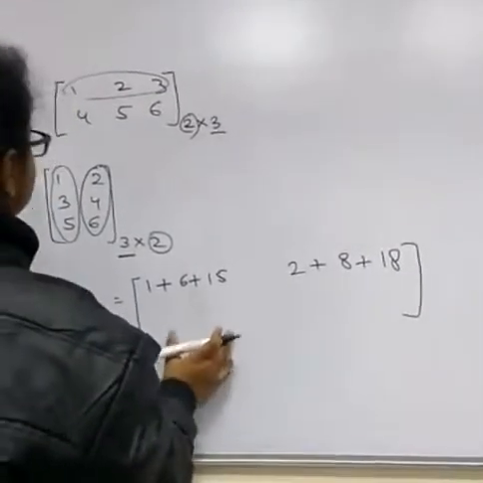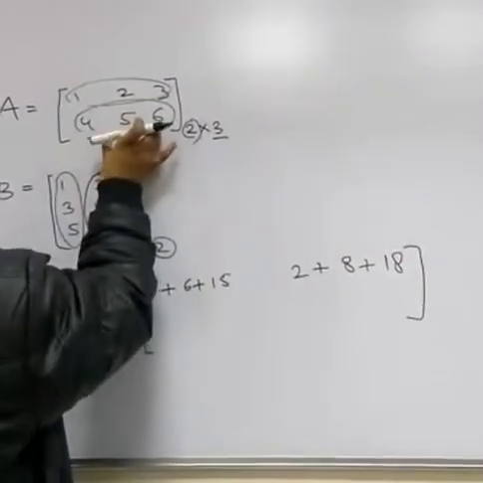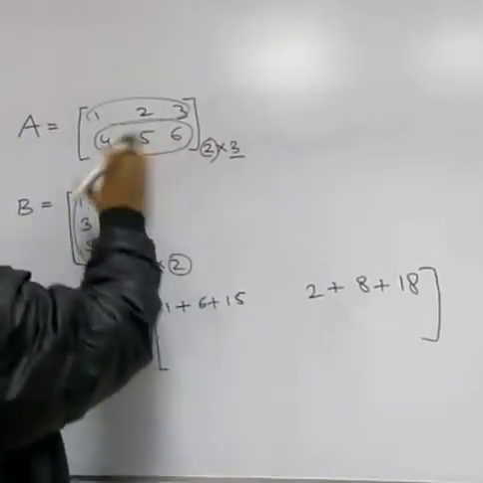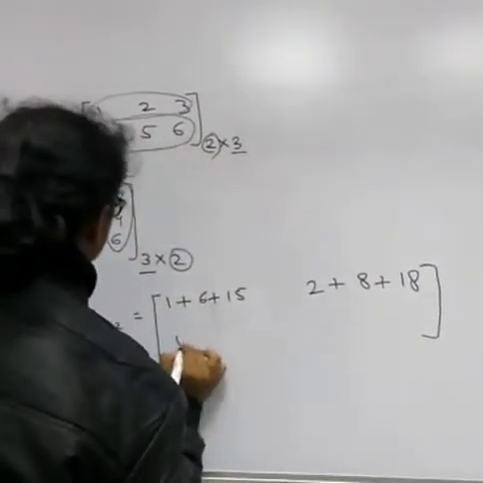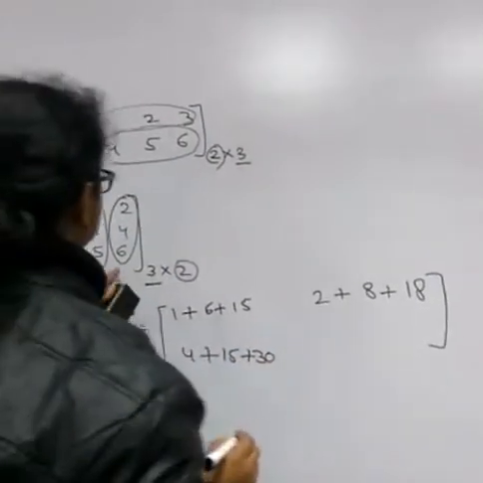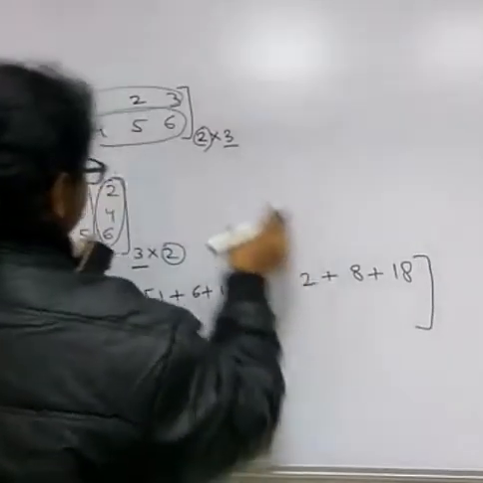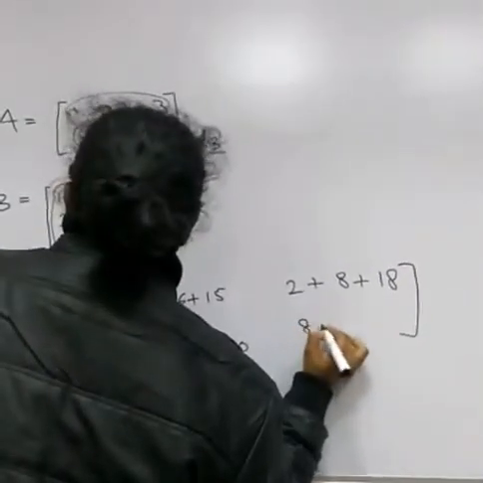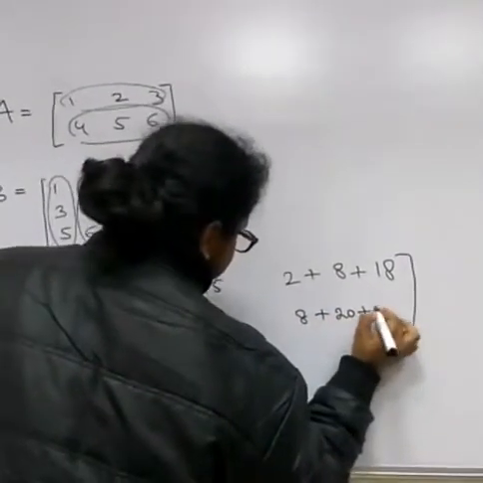And for the second row elements, we multiply the second row to the columns. So the first element of the second row would be this row into this column. And the last element would be given by this row multiplied by this column. So it's 8 plus 20 plus 36.